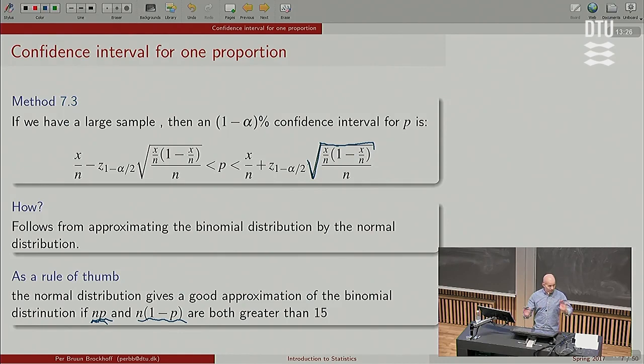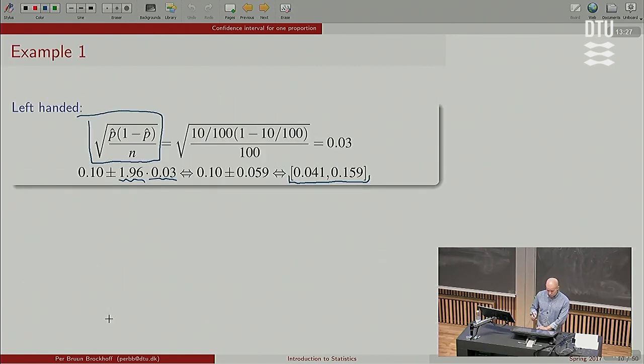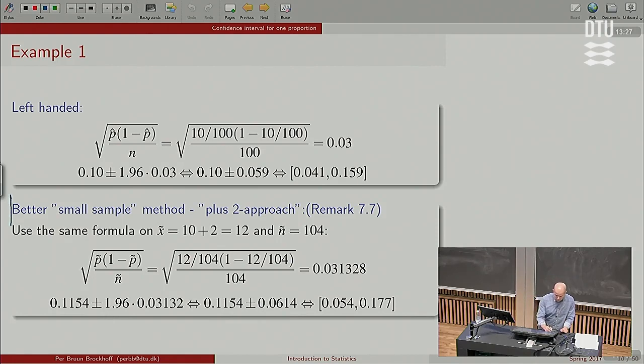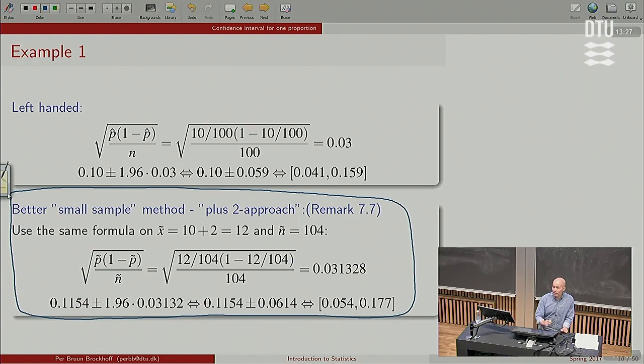I'm too far out in the tail for the formula, according to this rule of thumb, to be allowed to use it.